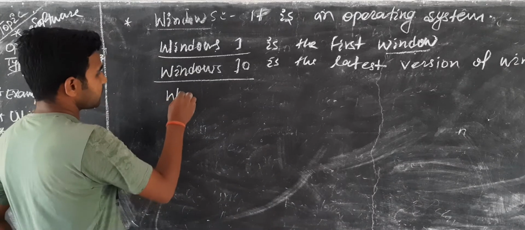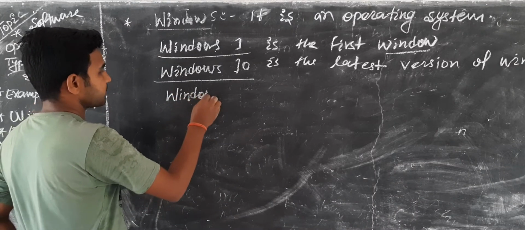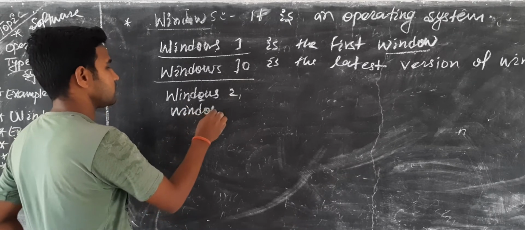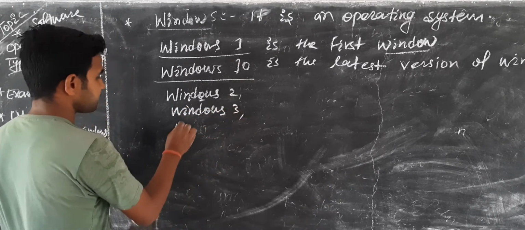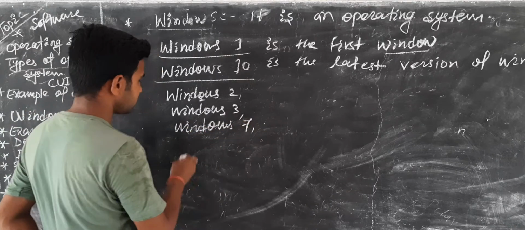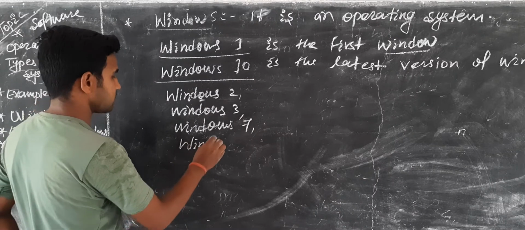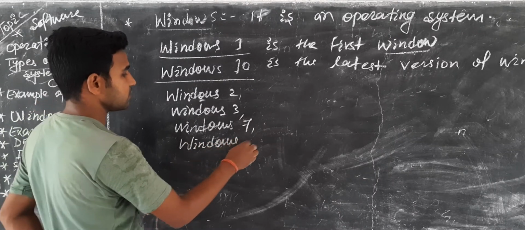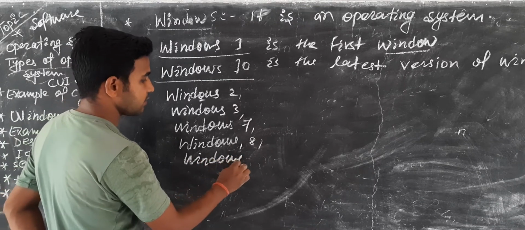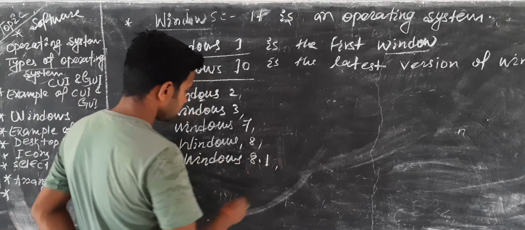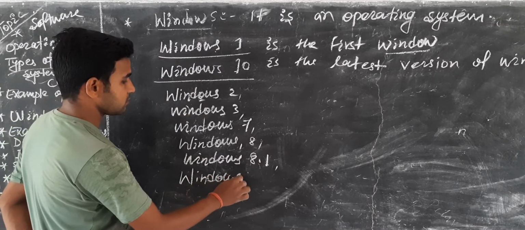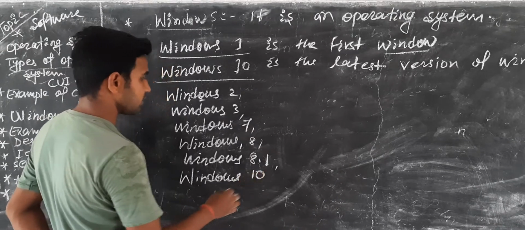And there are many more examples of this, like Windows 2, Windows 3, Windows 7, Windows 8, Windows 8.1, and lastly Windows 10.